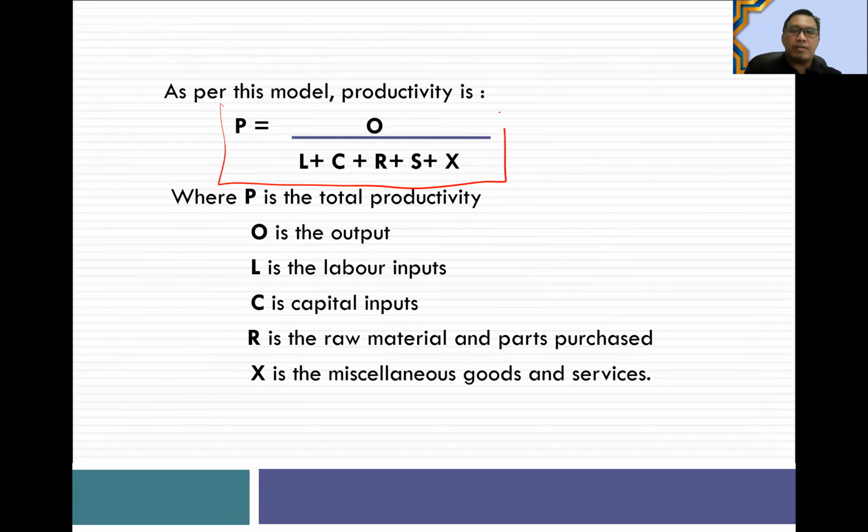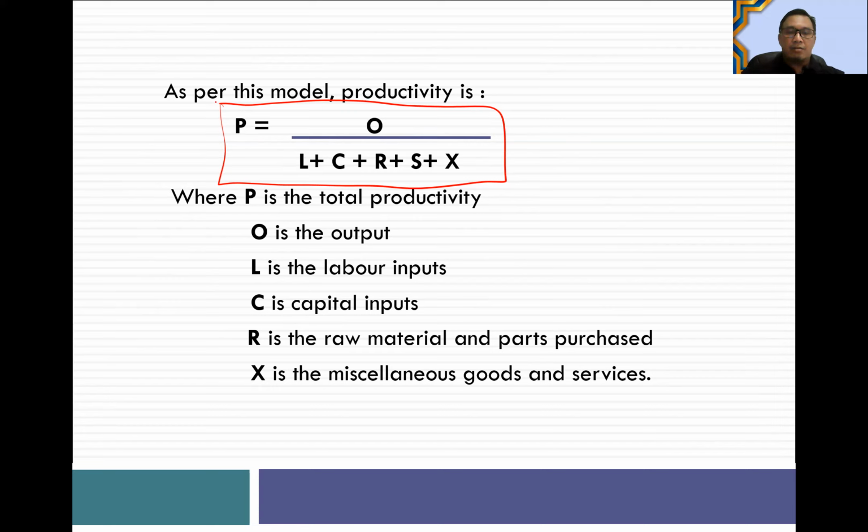P, or productivity, is output divided by the sum of all the inputs. The inputs may consist of L plus C plus R plus S plus X, where O is the output, L is the labor inputs, C is capital inputs, R is the raw material and parts purchases, X is the miscellaneous goods and services.